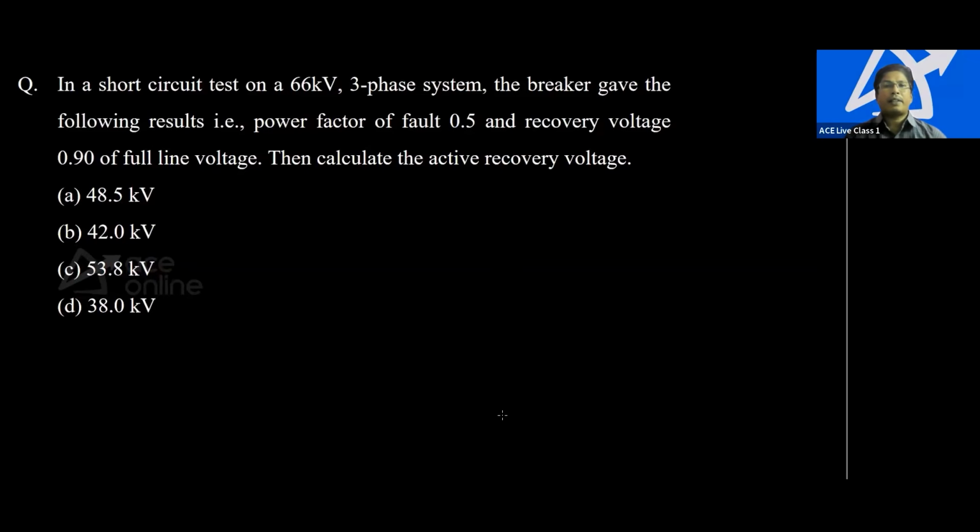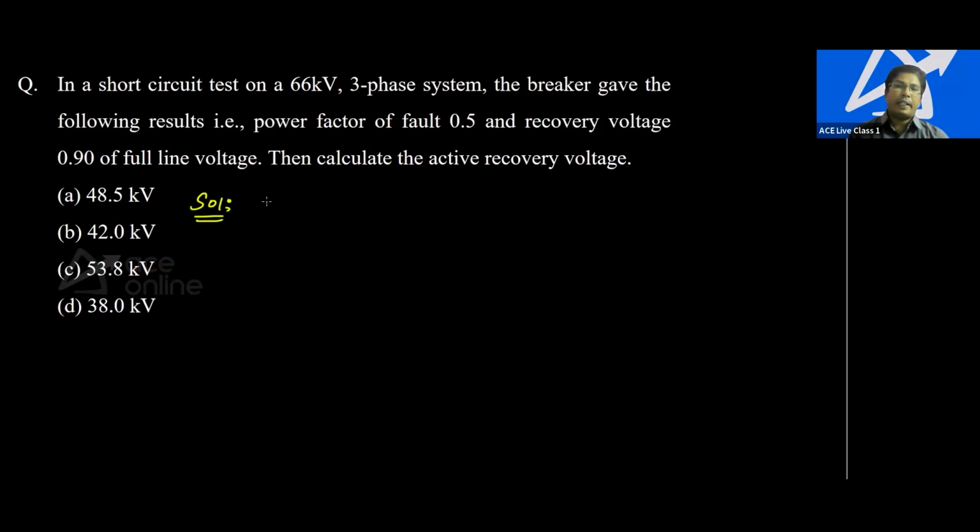In a short circuit test on a 66 kilovolts three-phase system, the breaker gave the following results. Power factor is 0.5. Recovery voltage is 0.9 of full line voltage. Calculate the active recovery voltage.